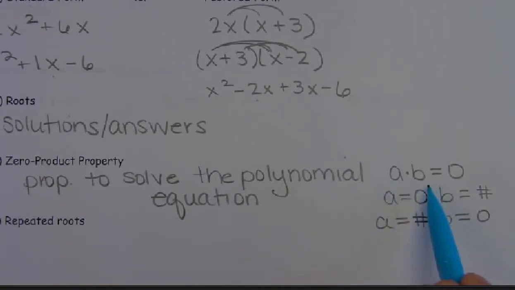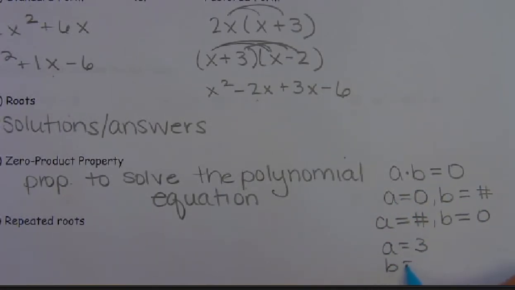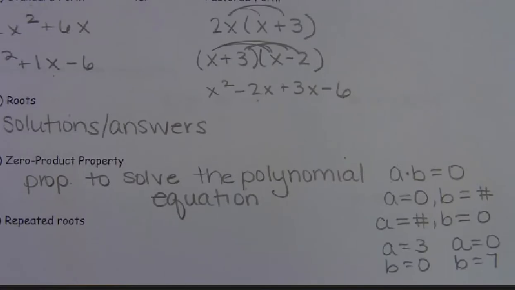But I need one or both of them to be 0 in order to get that to work. So if I gave you this, you could give me a solution where a is 3 and b is 0. You could also give me a solution where a is 0 and b is 7, but one of them would have to be 0. That is called your zero product property.